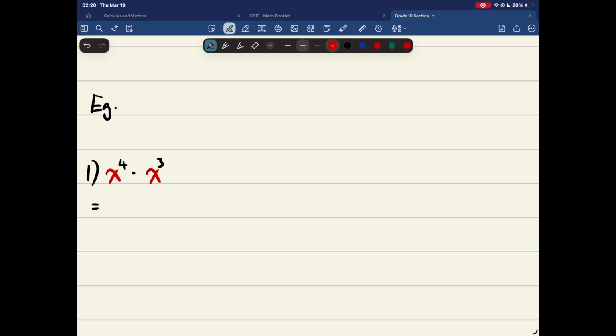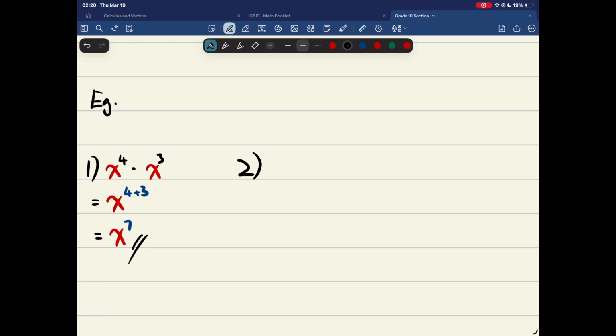So this will equal x to the power of 4 plus 3. So at last it'll equal x to the power of 7. And that's the answer.